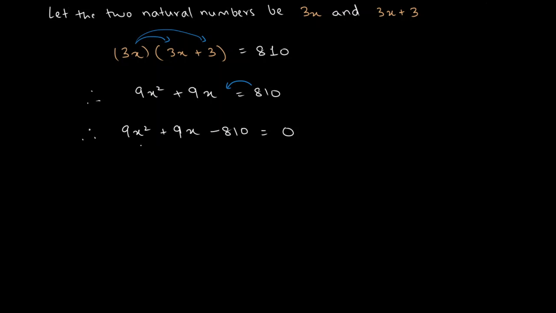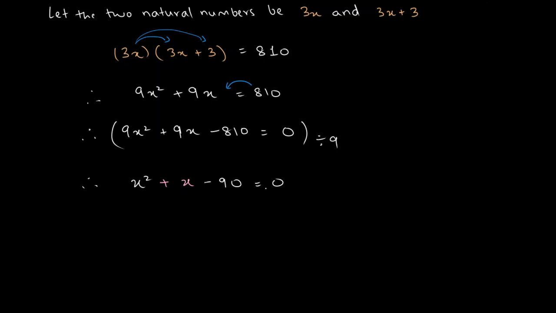All of these three numbers, 9, 9, and 810, are divisible by 9. So let's divide the entire equation by 9. This will make my equation a little easier to solve. So 9x squared upon 9 will become x squared, plus 9x upon 9, which is plus x, and minus 810 upon 9 will be minus 90. 9 nines are 81.